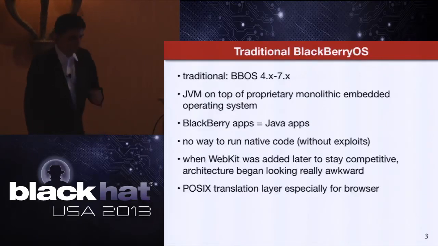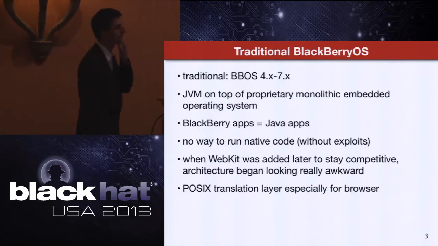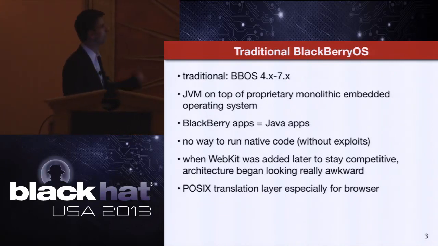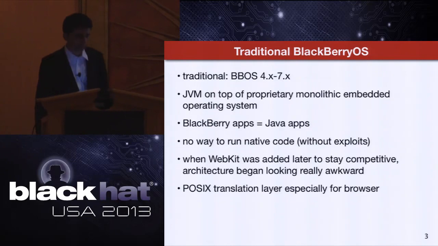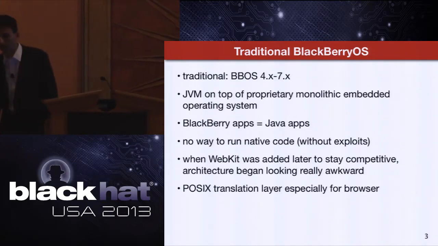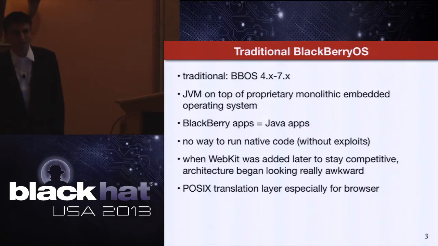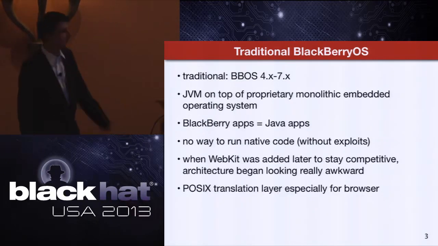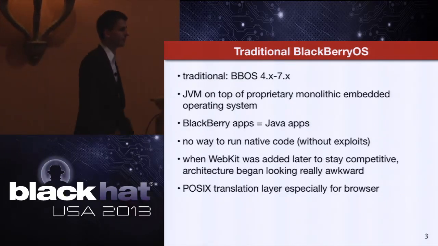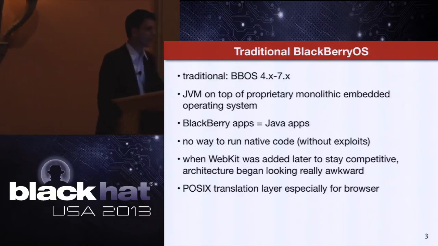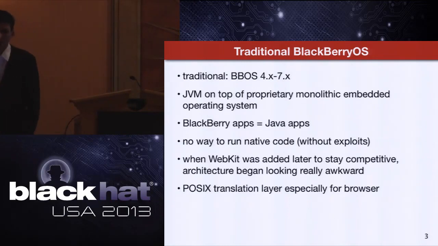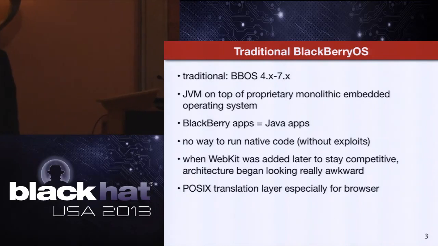Okay, so first of all, traditionally BlackberryOS from BlackberryOS 4 to BlackberryOS 7 has been running on some weird embedded operating system that is proprietary to RIM. On top of this operating system, you have a Java virtual machine, and all the applications that are running there are actually Java applications in a weird format.